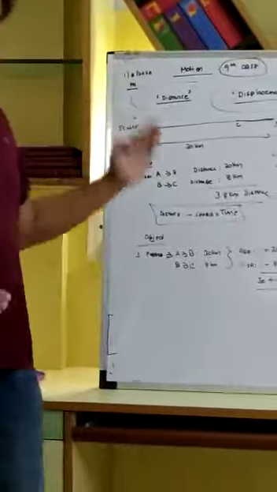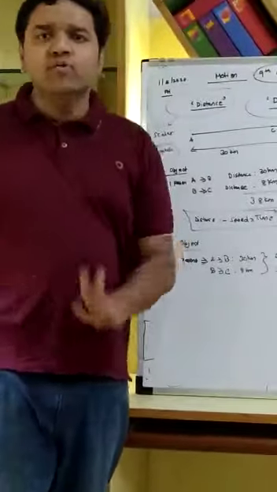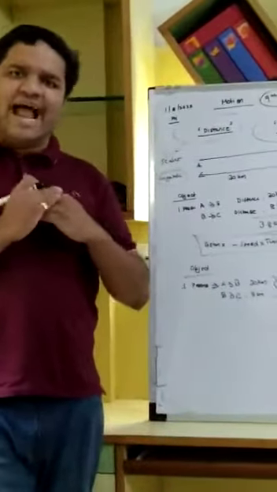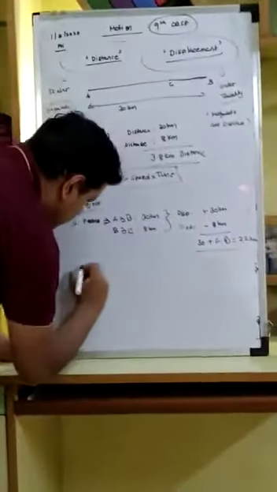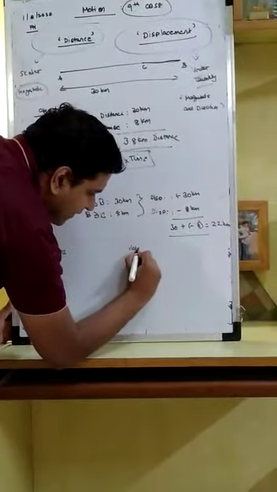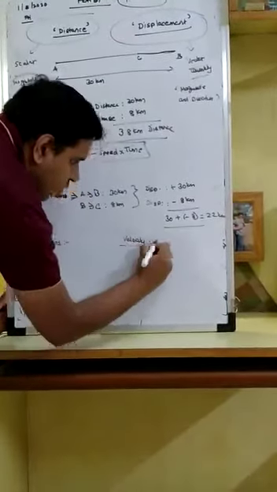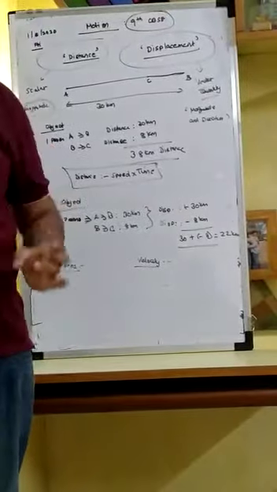Okay, before I rub the board and go to the next slide, let me define two more quantities to you. We have a rough understanding now of distance and of displacement. What then, guys, is speed and what is velocity? I have already defined our smaller classes definition of speed.